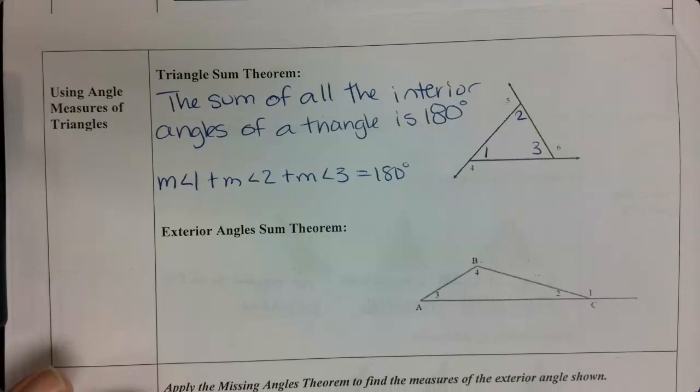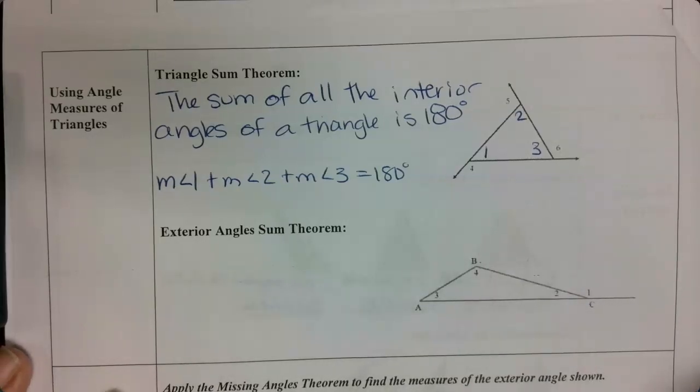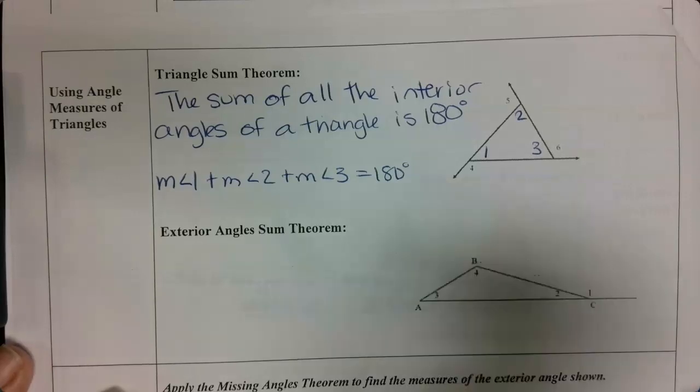The next one is the exterior angles theorem. This is the measure of an exterior angle of a triangle is equal to the sum of the two non-adjacent interior angles.